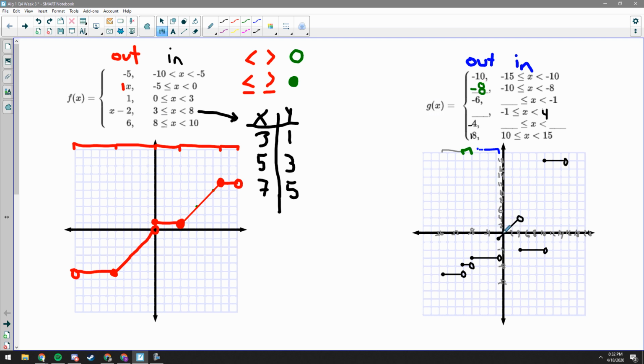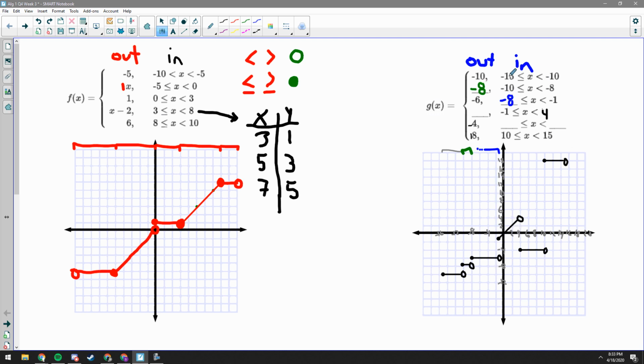Well, I can go down 6. 1, 2, 3, 4, 5, 6. So it looks like we're talking about this little segment right here. Where is this line going to start? I'm missing my starting value. Well, I'm starting at my input of negative 8, which actually matches where the last one ended. This one is just starting back up again.